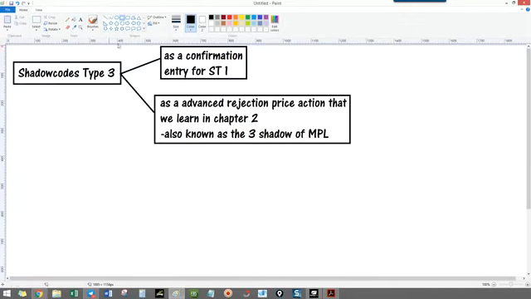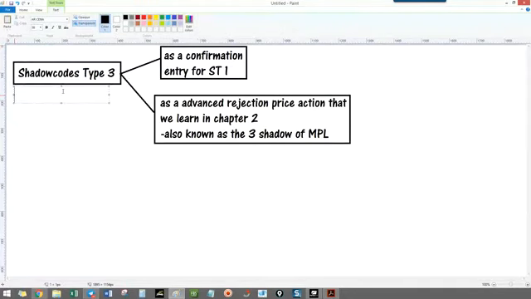So how does ST3 look like? It must have a few criteria. Shadows must be side by side.